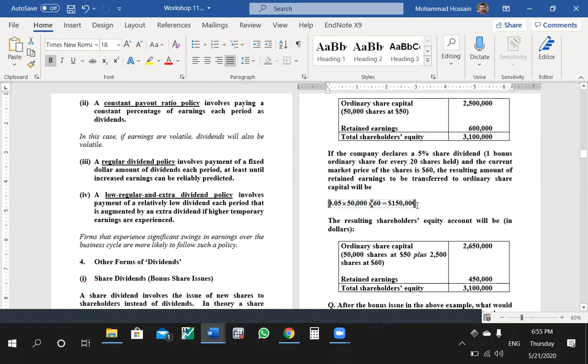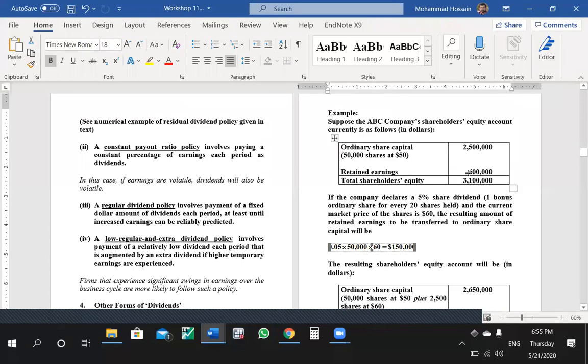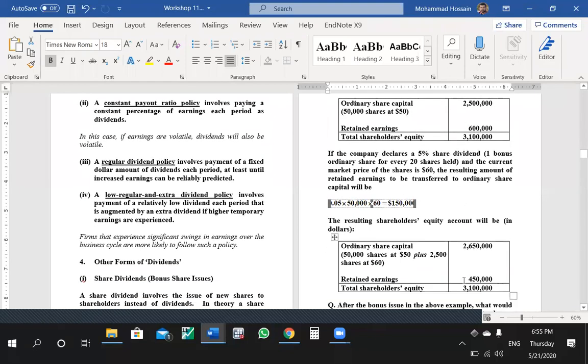It is $60 for each share, so 150,000 they need. Now they will be transferring 150 from the retained earnings to the share capital. That's it. Retained earnings will be reduced to 450 and share capital will be increased. The total shareholders' equity remains the same. Dividend is already paid, and share capital has increased.